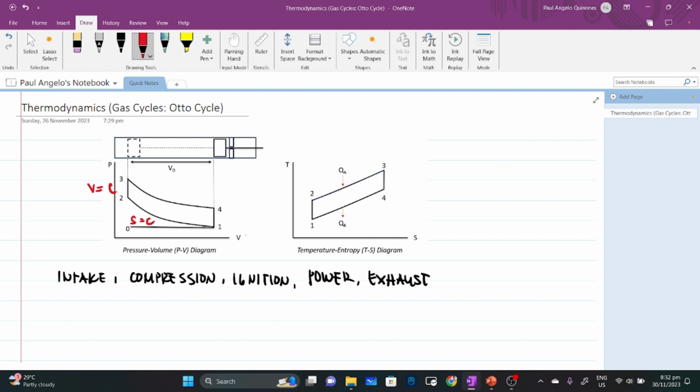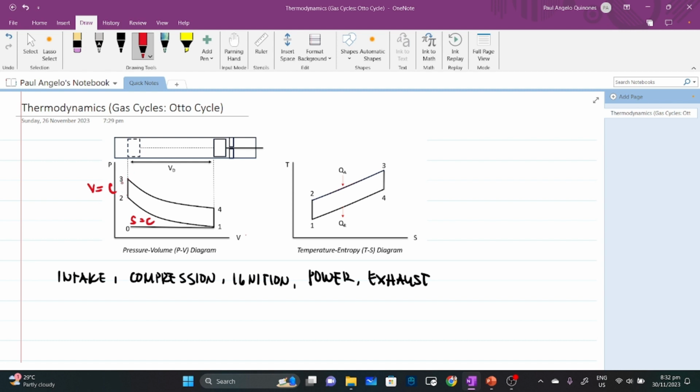Then at point 2, once it goes up, it will compress the fuel and air mixture inside your cylinder. Once you've compressed it, the pressure will eventually increase. Okay? Next, 2 to 3 is a constant volume process.